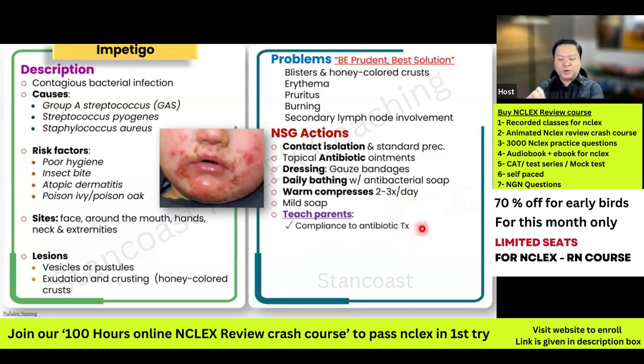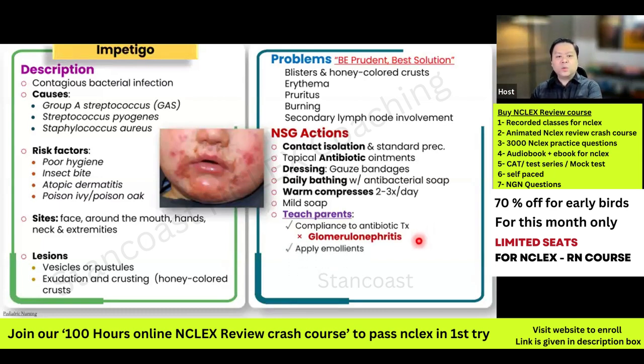Another reason to teach compliance is to prevent glomerulonephritis, a complication that affects the kidney. This is caused by a streptococcal infection, which will cause damage to the kidneys.